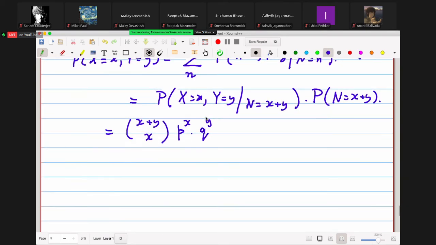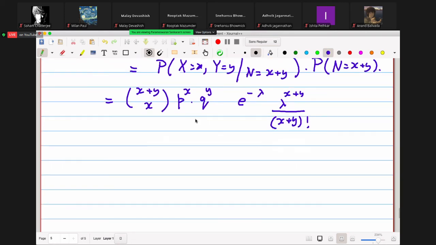So the probability that N equals x plus y is e to the power minus lambda, I always get confused, minus lambda, times lambda to the power x plus y divided by (x plus y) factorial. I could have written n here in place of x plus y, and then written n here. It's all the same anyway.